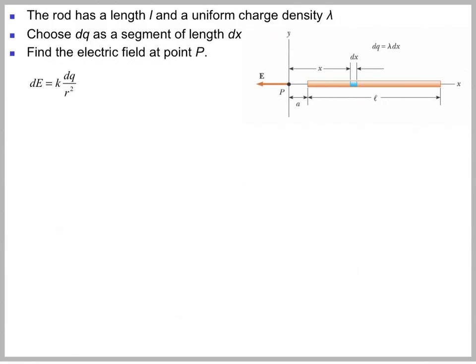So we start with the idea that dE is equal to k dq over r squared. In this case, we know that the electric field due to all the little pieces is going to point in the minus x direction. So we don't have to worry about the direction of the vectors. All we need to worry about is the magnitude.